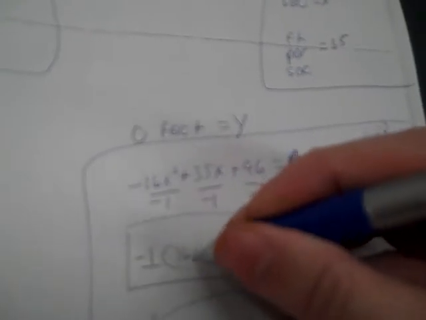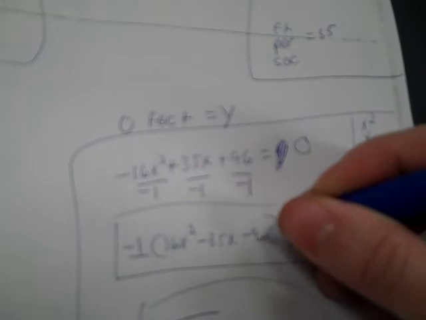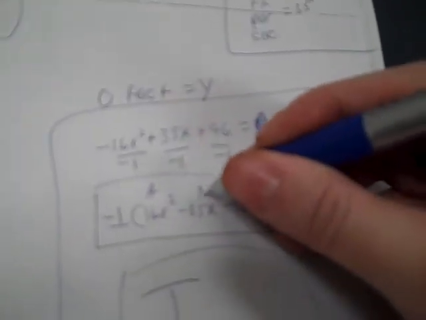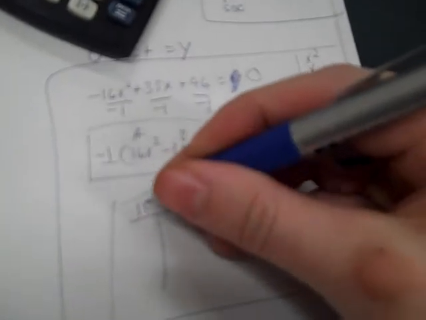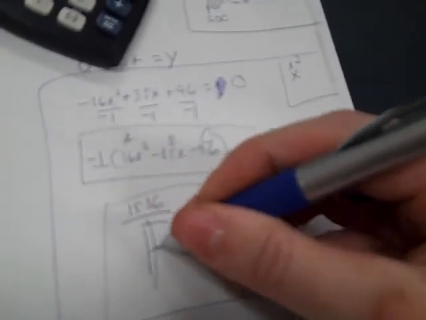So it's positive 16x squared minus 35x minus 96, okay? Okay, 16 times 96. If you think I'm going to run the T-chart on this, you're crazy. I am not doing a T-chart if it's over 100. That's a fail for me anyway.